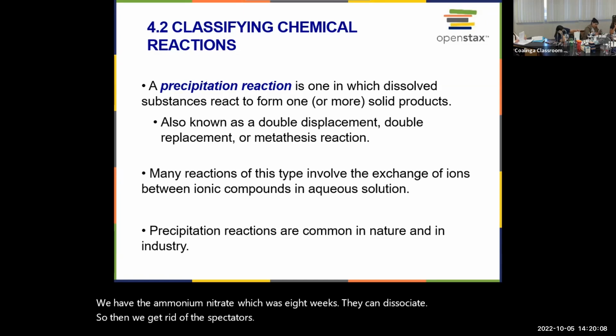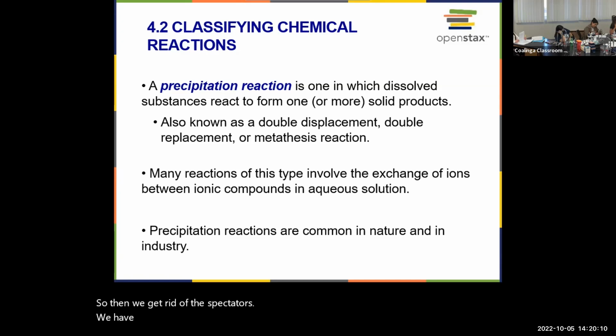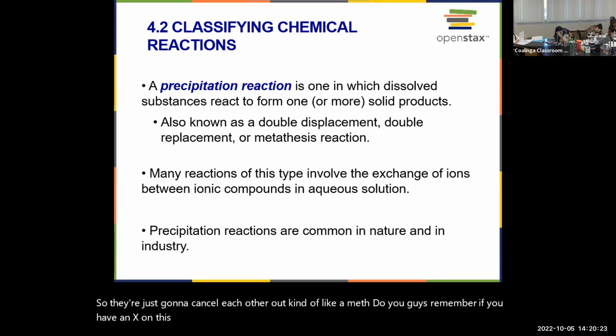Okay, so then we get rid of the spectators. We have ammonium and nitrate and ammonium on both sides that are exactly the same. So they're just going to cancel each other out, kind of like in math. You guys remember if you have an x on this side of the equation, you have an x on that side of the equation, you cancel each other out. Same way, like fractions.